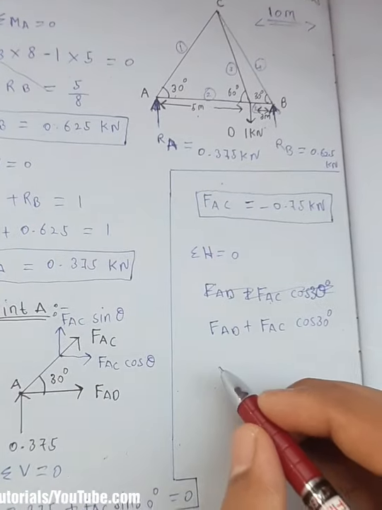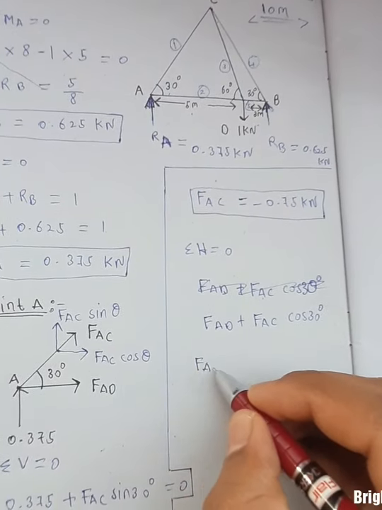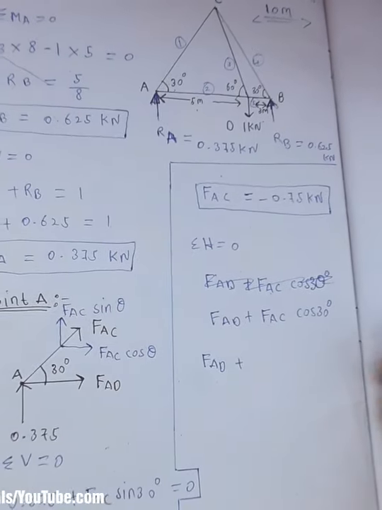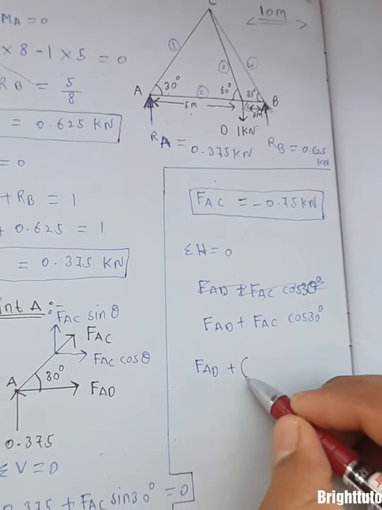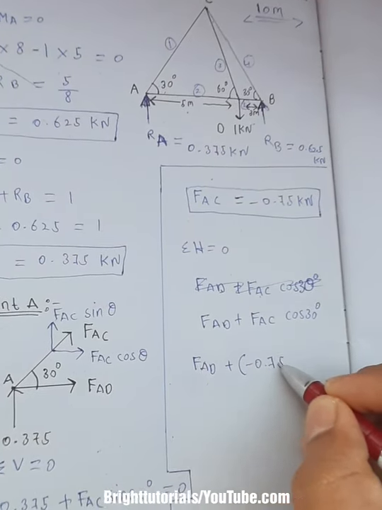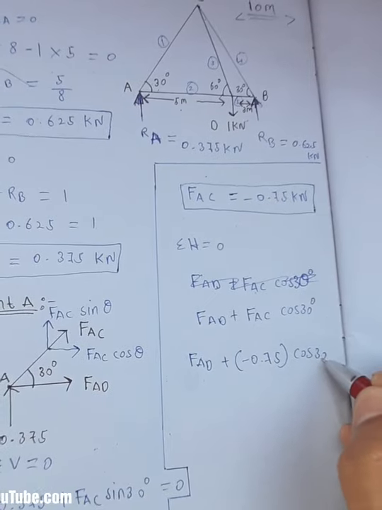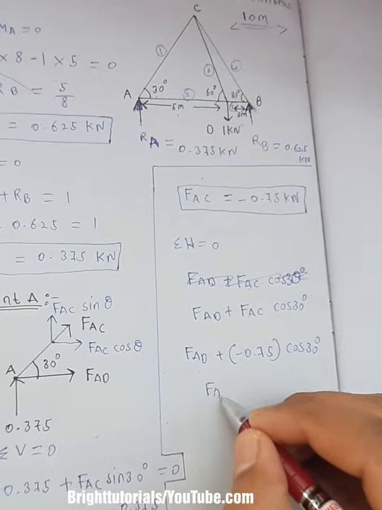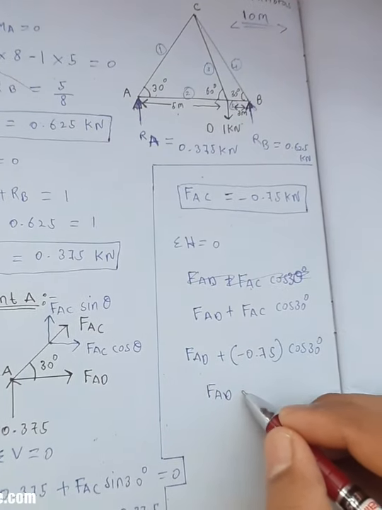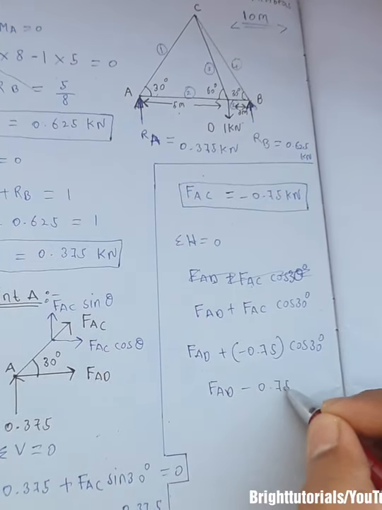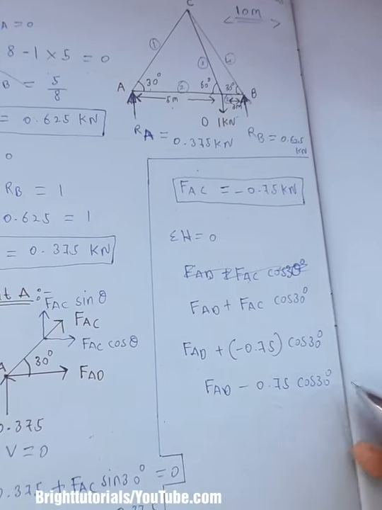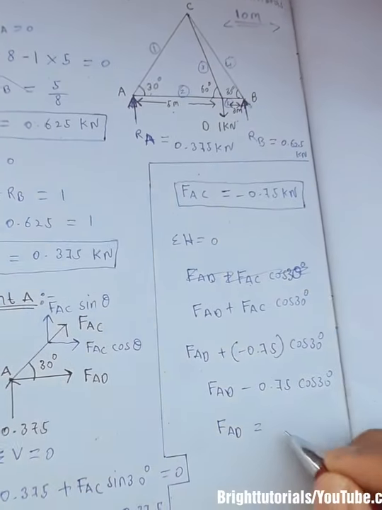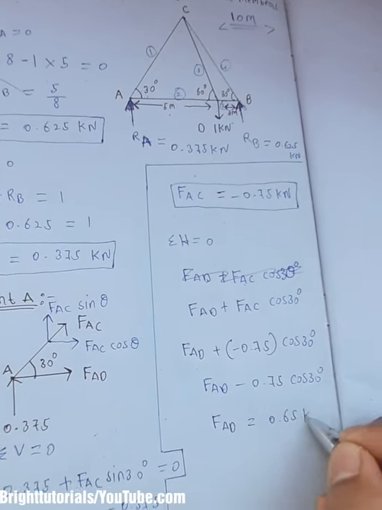Substituting the value of FAC, FAD plus minus 0.75 cos 30 degrees equals to 0. By solving this, we get FAD equals to 0.65 kilonewton.